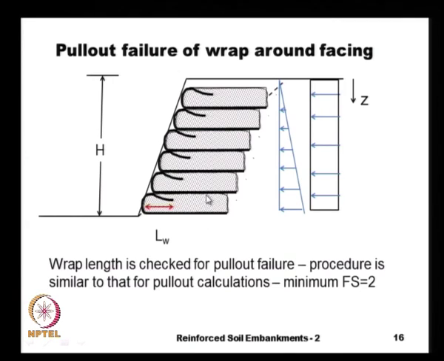For this, we assume that this particular wraparound is resisting the force that is coming from this height of the soil, and then equate the pull out resistance of this reinforcement length to this lateral force, to make sure that we have adequate embedment length. If it is not adequate, then we will have to increase the embedment length, and typically this embedment length is at least 1 meter.